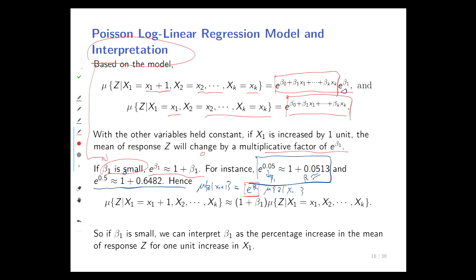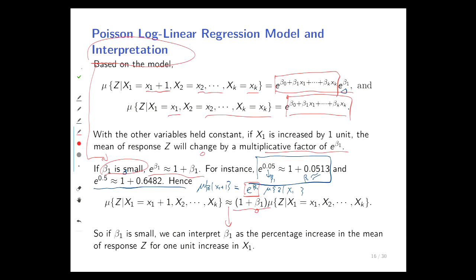But if beta 1 is small, we can replace it with 1 plus beta 1. So what's the meaning here? It's more straightforward compared to the exponential of beta 1. Because we have this approximation, if beta 1 is small, we can interpret beta 1 as the percentage increase in the mean of response for a 1 unit increase in x1.